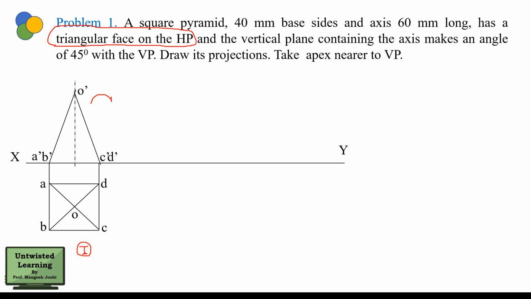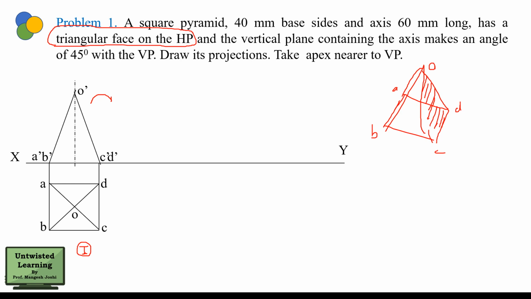Just try to imagine that. Now suppose you have this as a square pyramid and you have these points A, B, C, D. So you have to keep this face OCD on HP, right? So now you will incline this to HP.